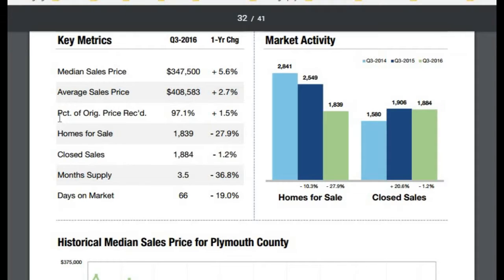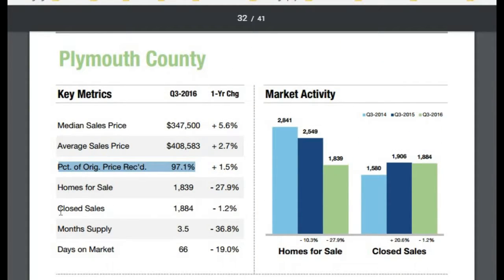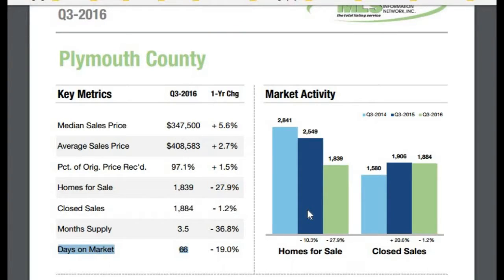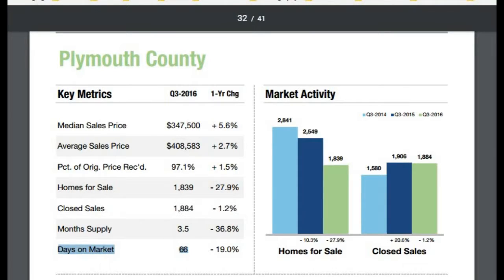But the key pieces of information that you want to get from here are percent of original price received, which in this case is 97.1%, and days on market, which in this case is 66. This is useful information when no other information is available.